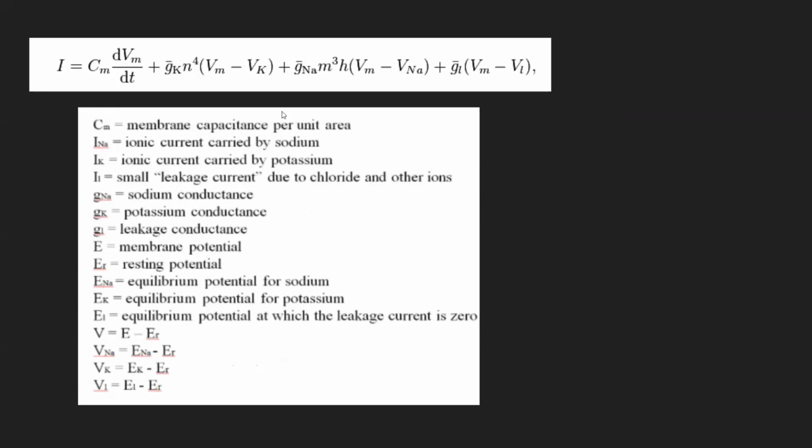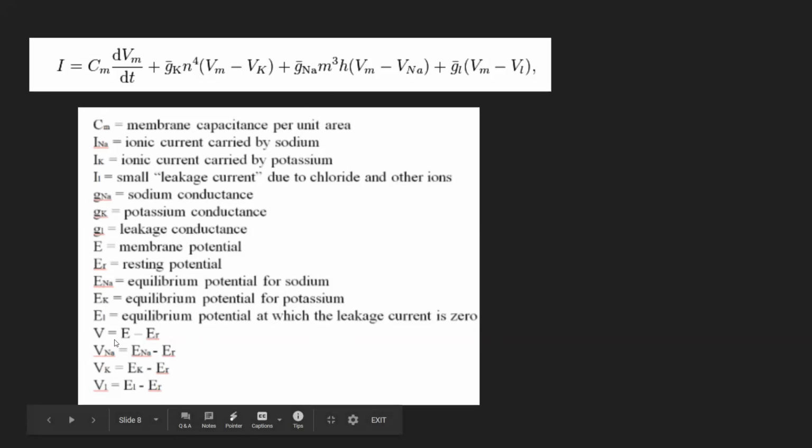Gna is sodium conductance, Gk is potassium conductance, Gl is leakage conductance, and E is membrane potential. Er is the resting potential. Ena is the equilibrium potential for sodium. Ek is the equilibrium potential for potassium. El is the equilibrium potential at which the leakage current is zero.